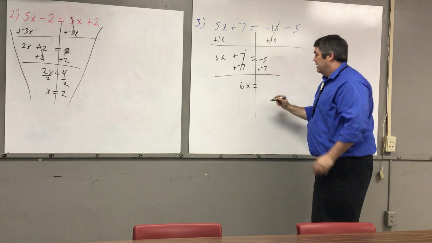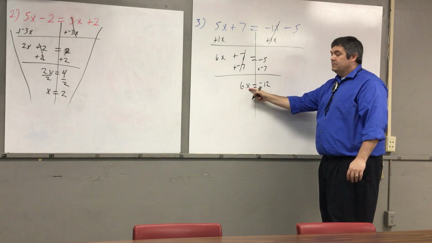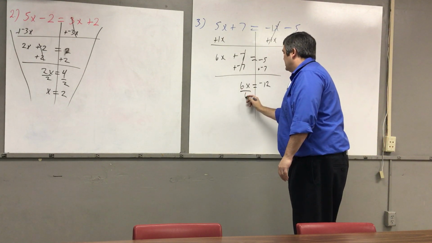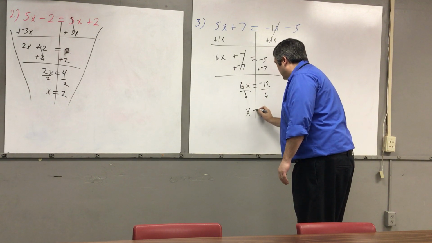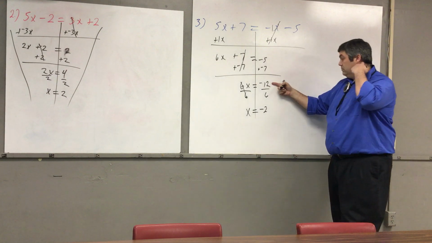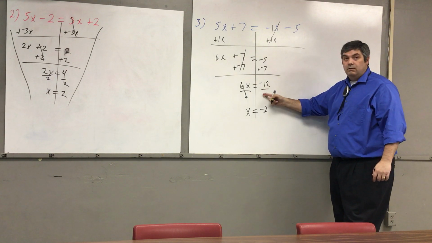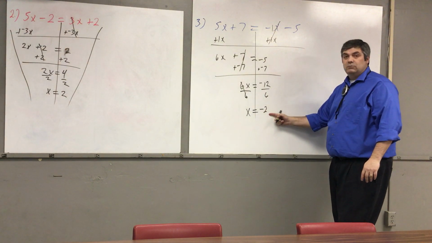Add them together, keep their sign. Negative 12. Now I've got 6 times x, divide by 6, divide by 6. These cancel out. x equals negative 2. Negative divided by a positive gets you a negative, and then 12 divided by 6 gets you 2.